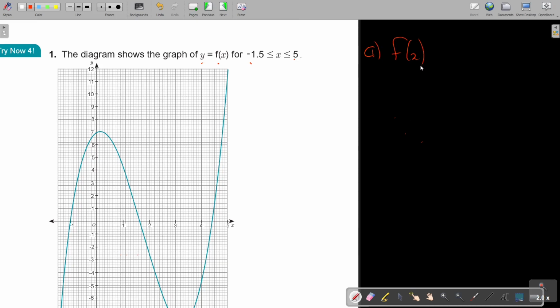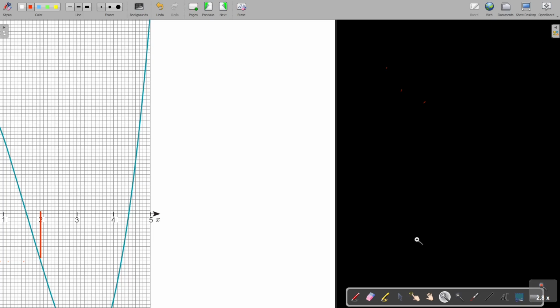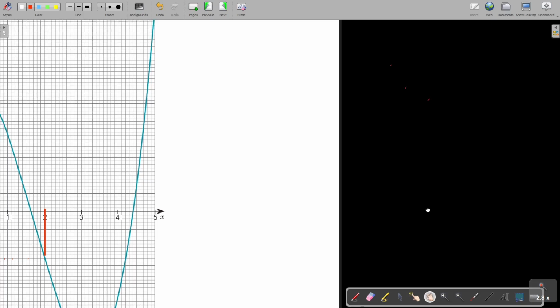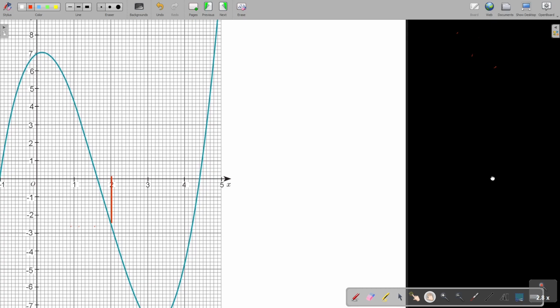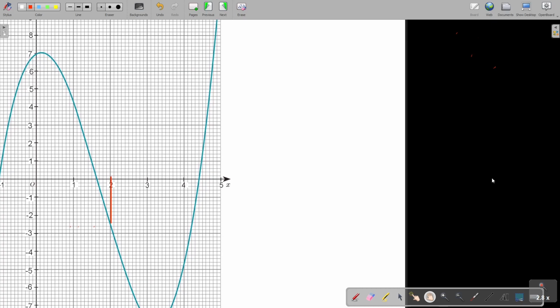So the x value will be 2. So you take a ruler and you go at 2, and as soon as it intersects, I'm just going to make it a bit bigger so that I see better. As soon as it intersects with the graph there, it's actually a bit down.